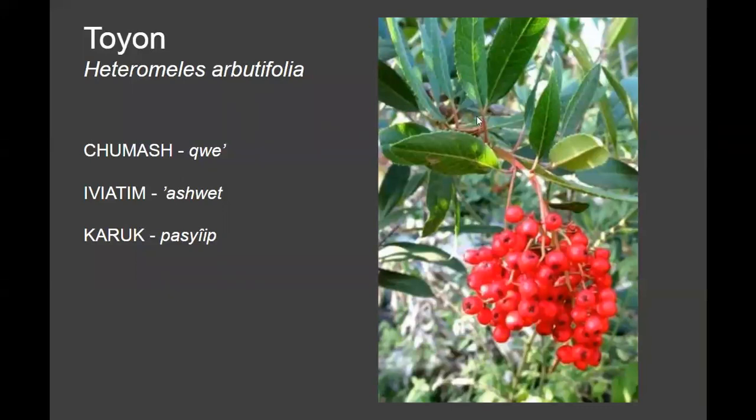In the summer, the plant has small little white flowers, and the fruit comes later and ripens in the winter. A really cool thing about this plant is it is a foodstuff for our local fauna, and a food source for the indigenous. So that is Toyon.